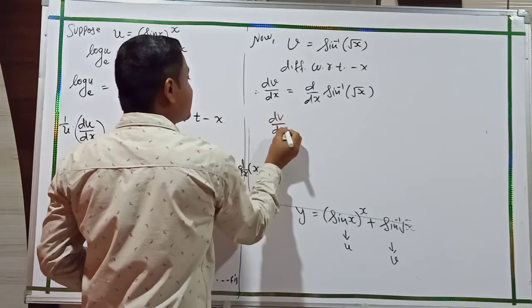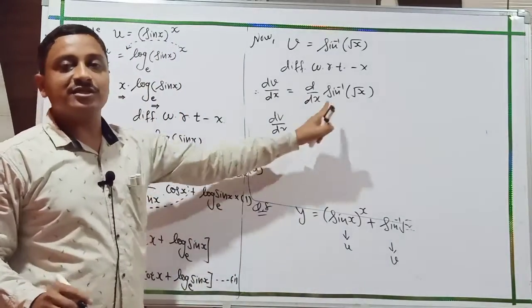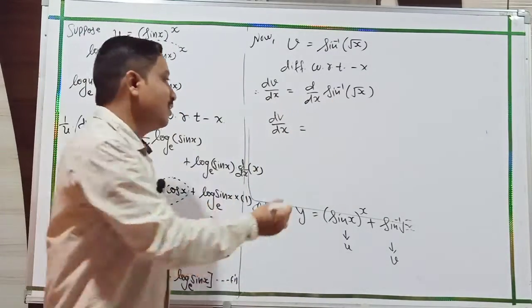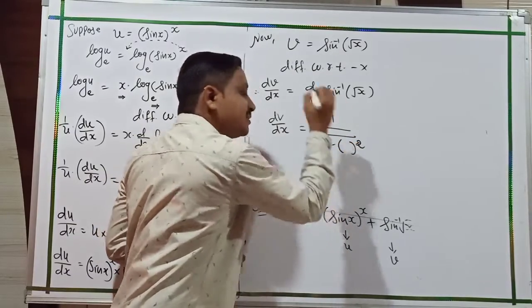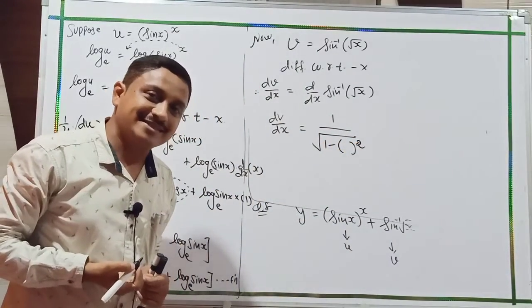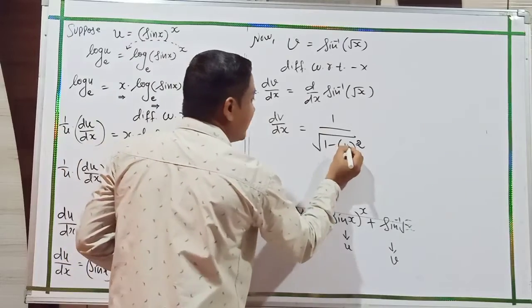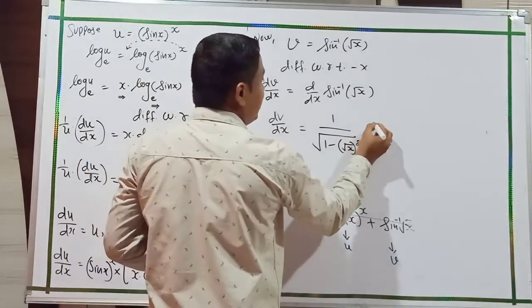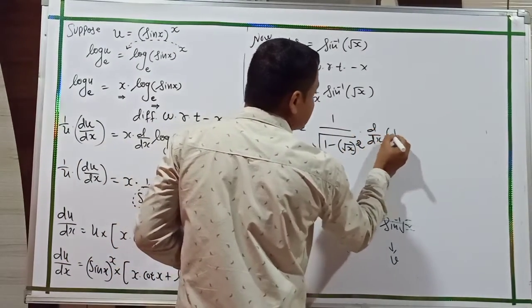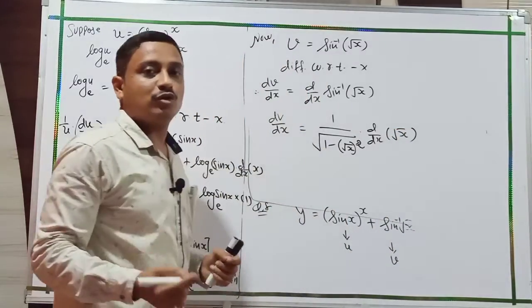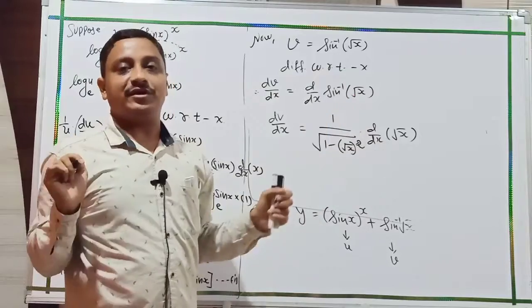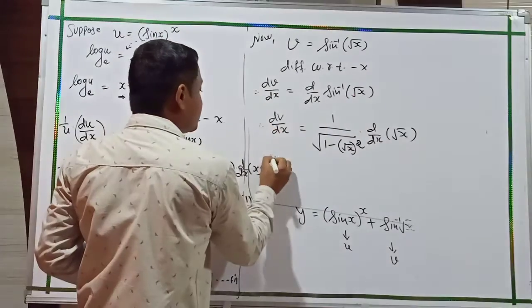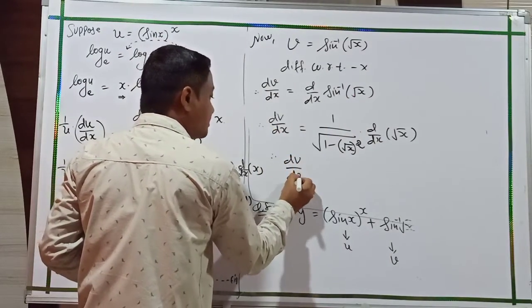What is the sine inverse derivative? 1 upon under root 1 minus x square. And what is the x here? The x is root x, and the derivative of root x is pending, because I take the sine inverse derivative first, after that the root x derivative. So finally, what is dv by dx?